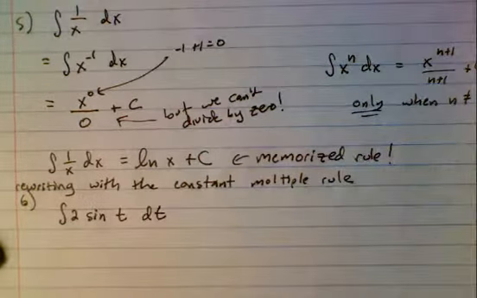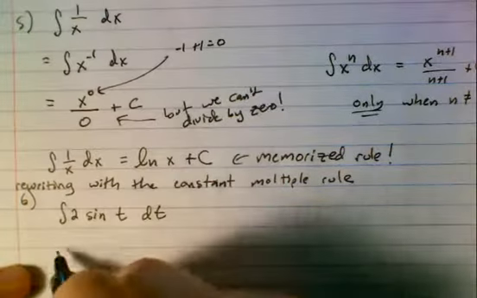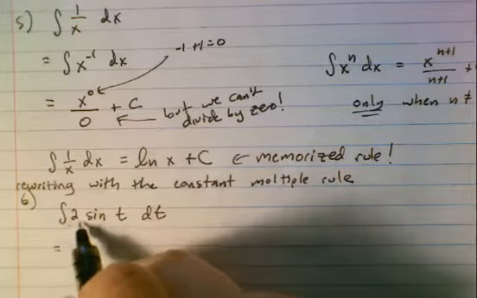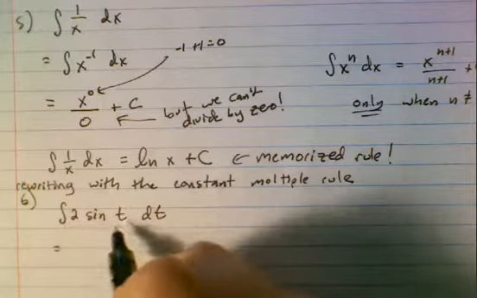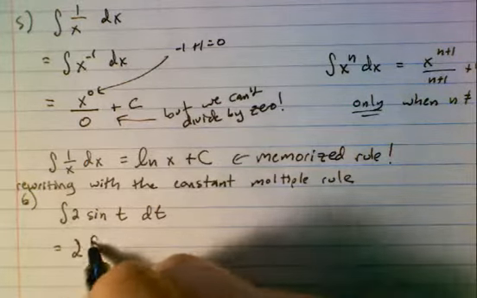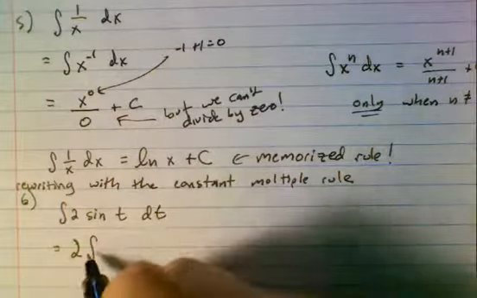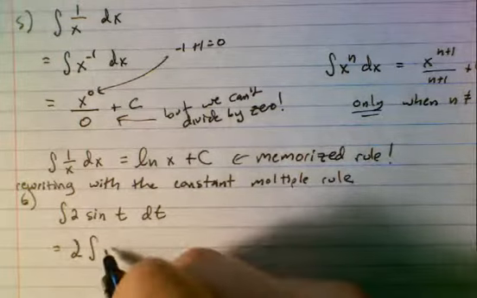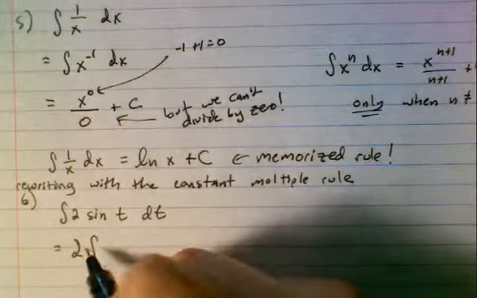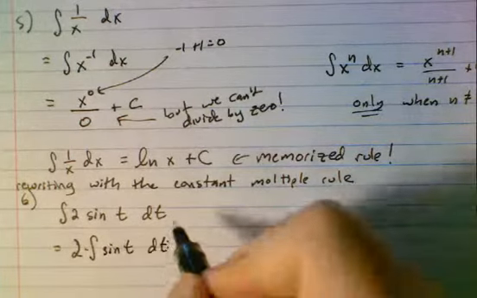Let's just use t for our variable, just so we get used to working with different variables. The constant multiple rule just says that if we have 2 times, or a constant times, some other function, this is the same as that constant just being along for the ride. We can write it outside of this little symbol. So this is the same as saying 2 times the antiderivative of sine t dt.